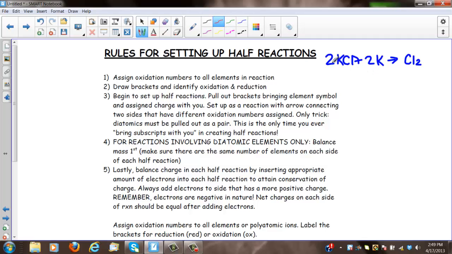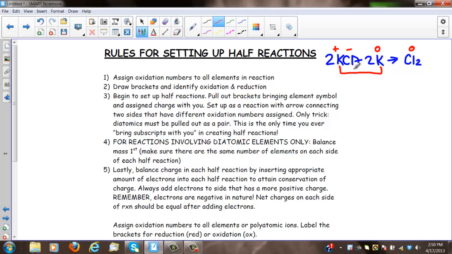The first thing that we want to do is assign oxidation numbers. So K is +1, Cl is -1. K here is by itself, so it's 0, and Cl2 is by itself, so it's 0. Draw brackets and identify oxidation and reduction. So we've got K plus going to K0.